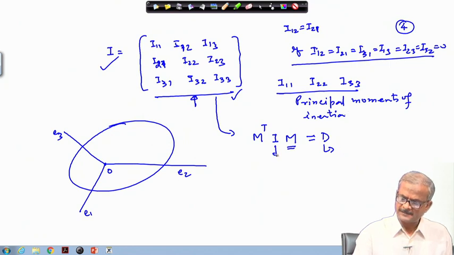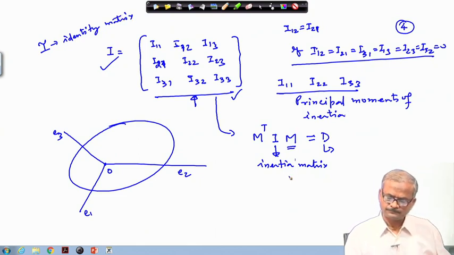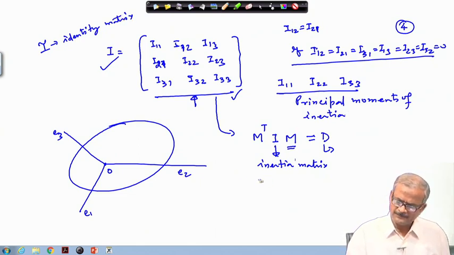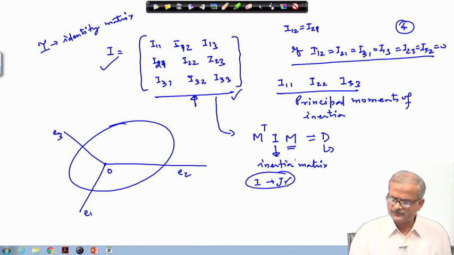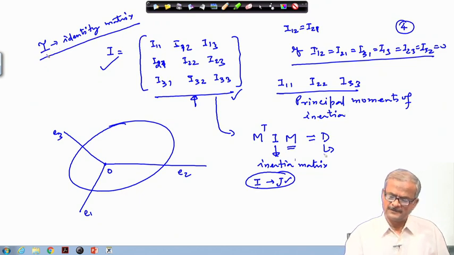This is not the identity matrix, remember, this is the inertia matrix, and the identity matrix we write with this notation. Many books use J instead of I, but J is mostly confined to the polar moment of inertia. So I am not using J, I will confine myself to I, and for the identity matrix I will use this notation.